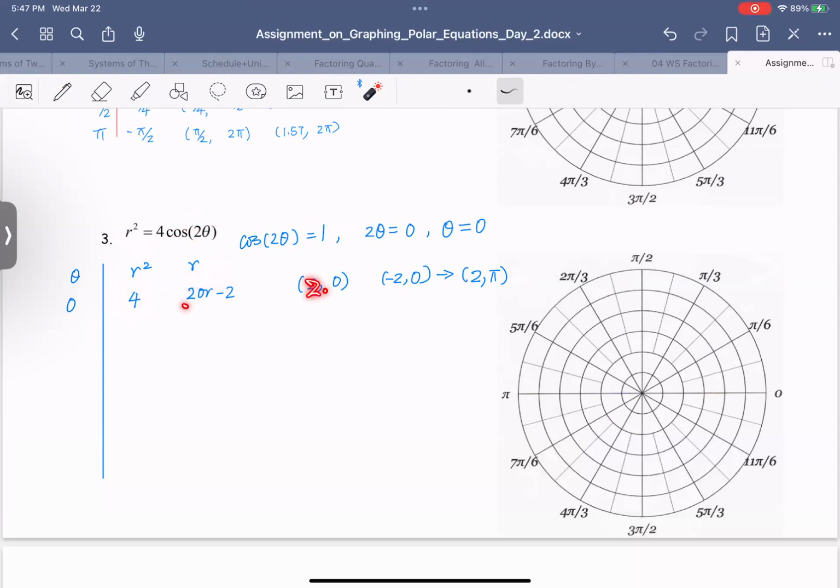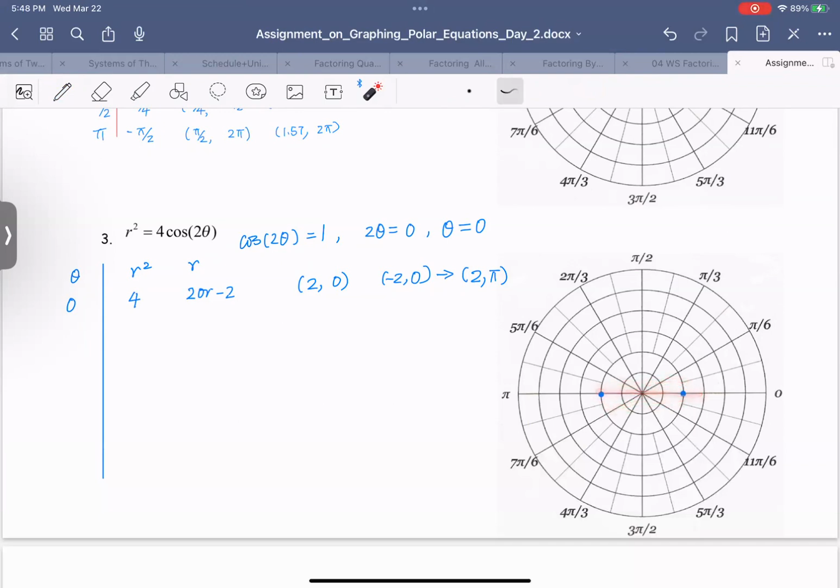You have 2, 0, or negative 2, 0. You can represent negative 2, 0 by 2, 0 plus pi. So you have these 2 points. One is 2, 0 at that location, and then you will have another one right here.